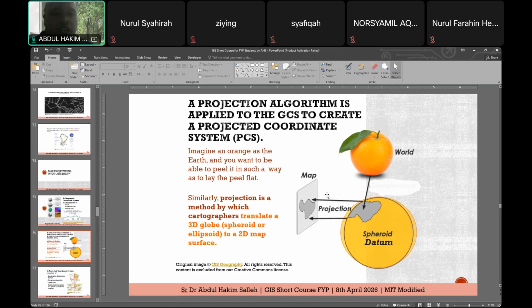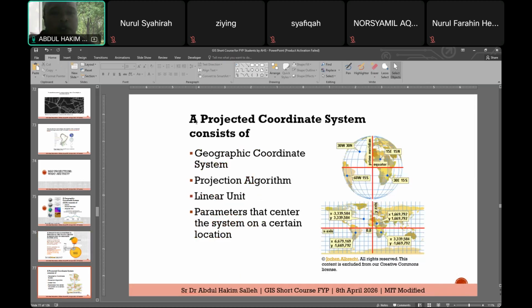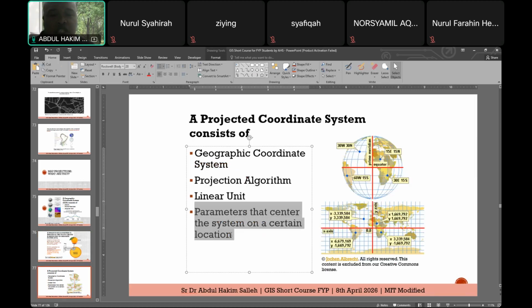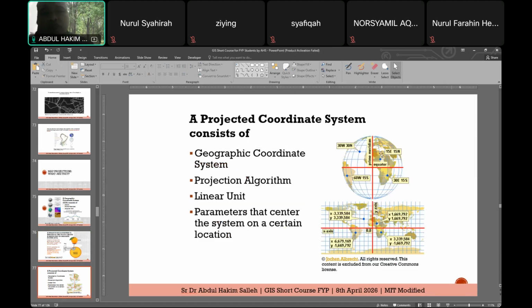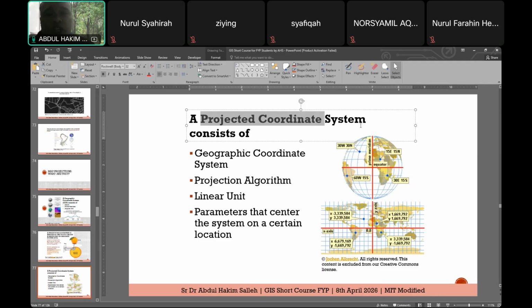Alhamdulillah. Next, a projected coordinate system consists of a geographic coordinate system, a projection algorithm, a linear unit, and parameters that center the system on a certain location. All of this comprises a single projected coordinate system.